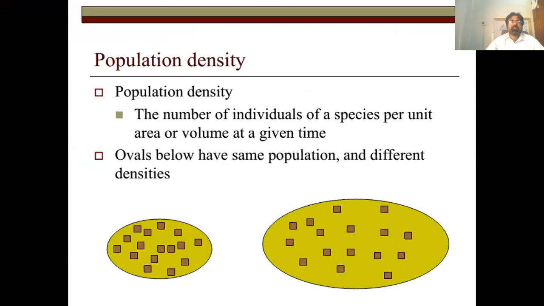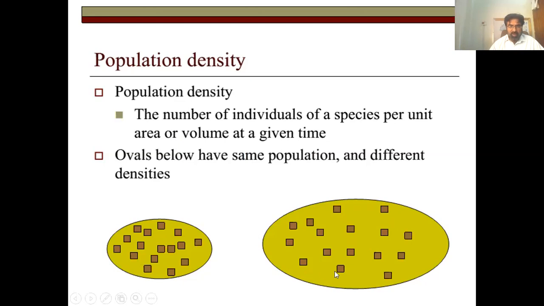Population density is defined as the number of individuals of a species per unit area or volume or space at a given time. Ovals below have the same population and different densities. These two ovals have the same number of individuals living in this place, and that number is living in this place.